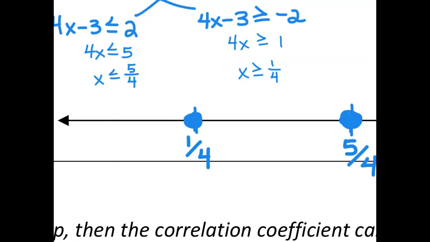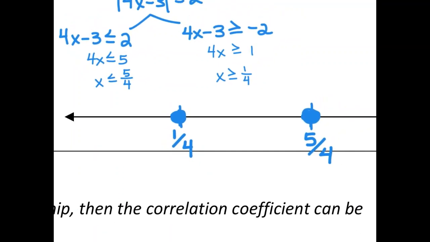And then if you think x is less than or equal to 5/4, that would be this direction. X is greater than or equal to 1/4, that would be this direction. And so my whole graph is shaded in between the two numbers.